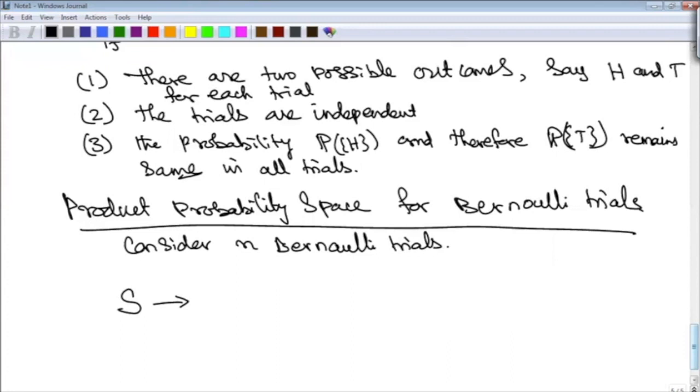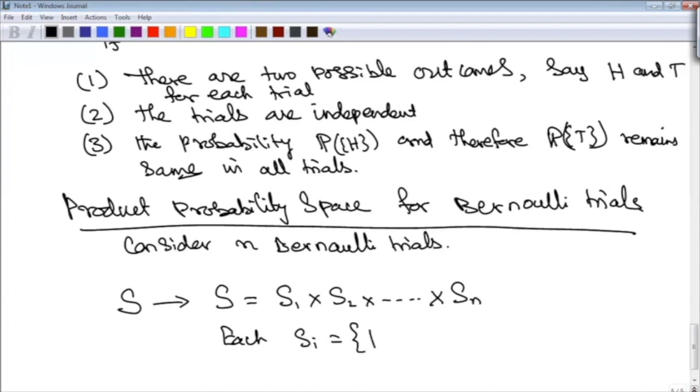Okay, so what is the sample space? Since you are doing n experiments, the sample set is S1 cross S2 cross and so on up to Sn, because we have n trials, and each Si consists of only two possible outcomes, which is either success or failure, head or tail, 1 or 0, whatever way you want to represent the two events.